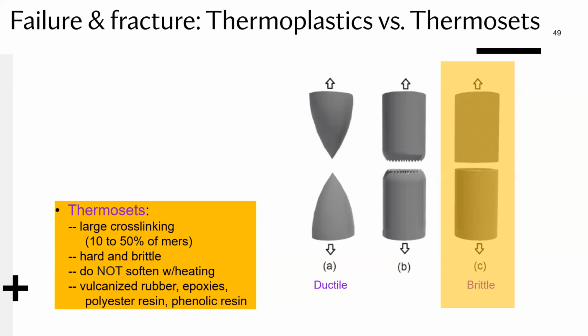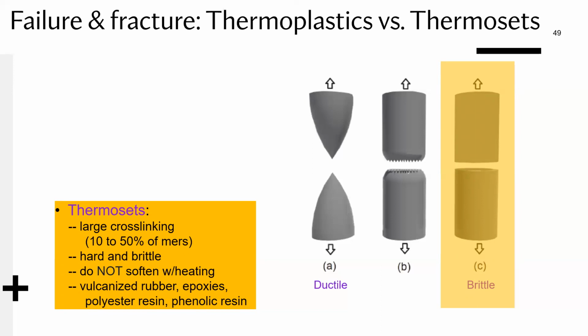So if you heat it up, you cannot really change the shape and then cool it down and retain that shape. It's a completely different way of responding to heat. So vulcanized rubber, epoxies, resins, they're all good examples of this. And these particular types of polymers have a rather brittle mode of failure.